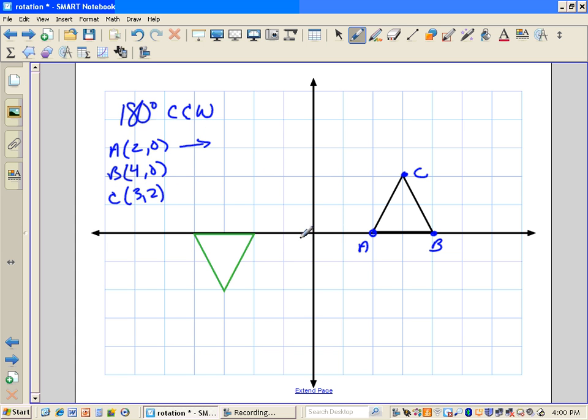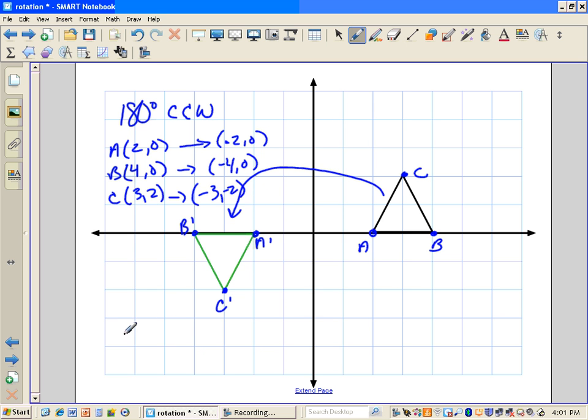If you think about rotating this here, A is now (-2, 0), this is A prime, B is (-4, 0), and here's going to be C prime over here, (-3, -2).